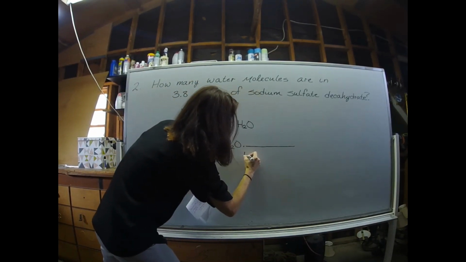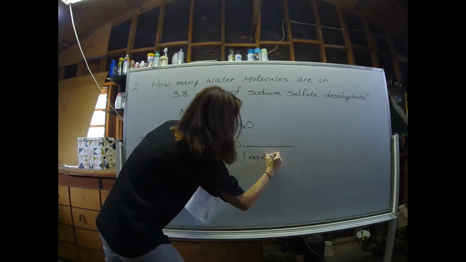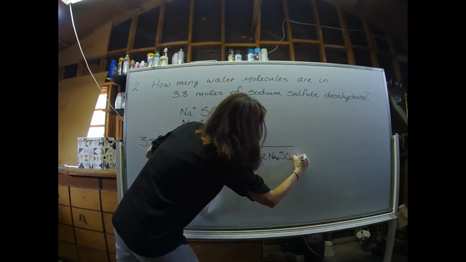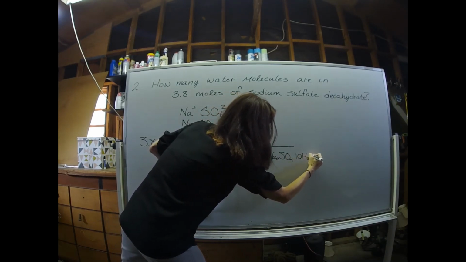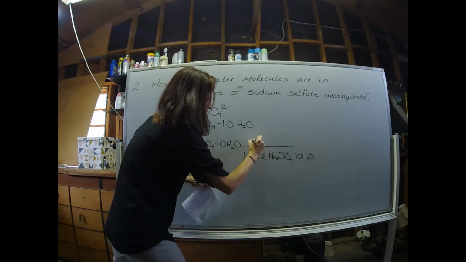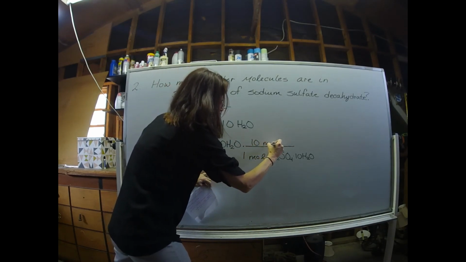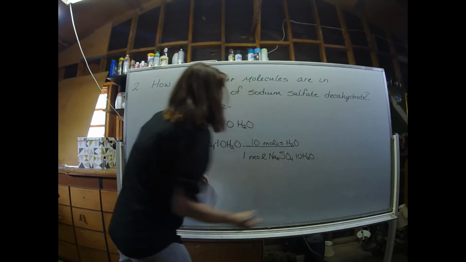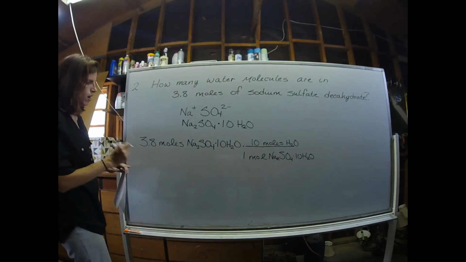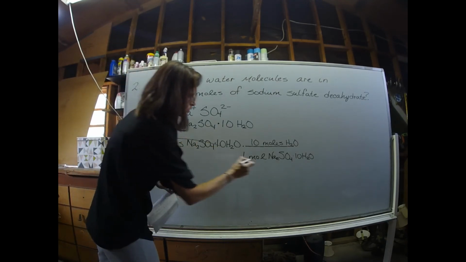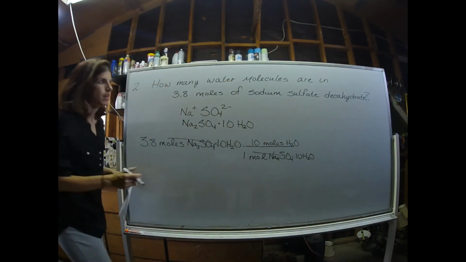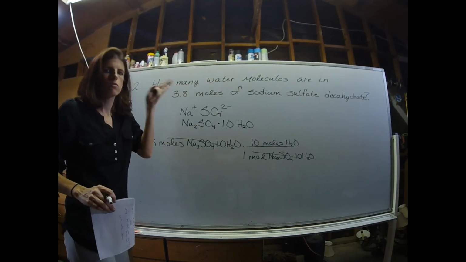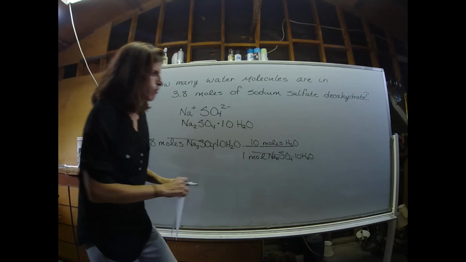So I'm going to say 1 mole of our sodium sulfate decahydrate has 10 moles of water. Excellent. So we've gotten rid of the moles of the sodium sulfate decahydrate. And now we just want to get to the level of water molecules. And molecules, we're thinking Avogadro's number, right?